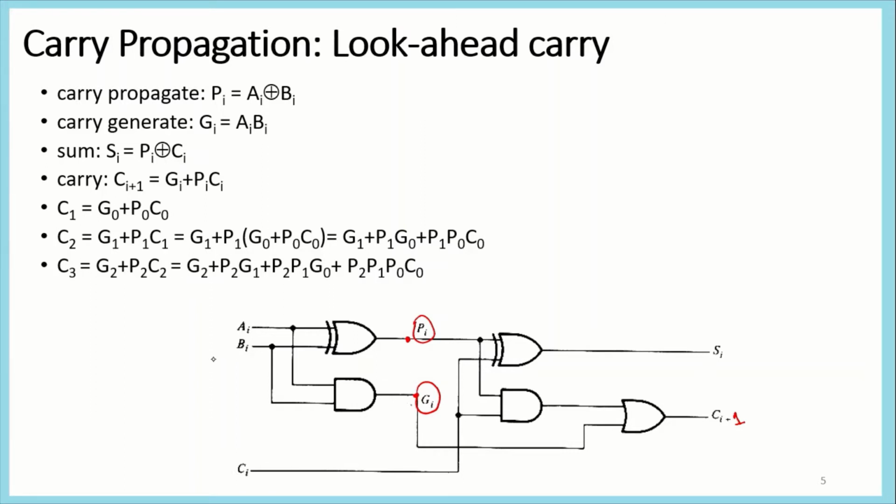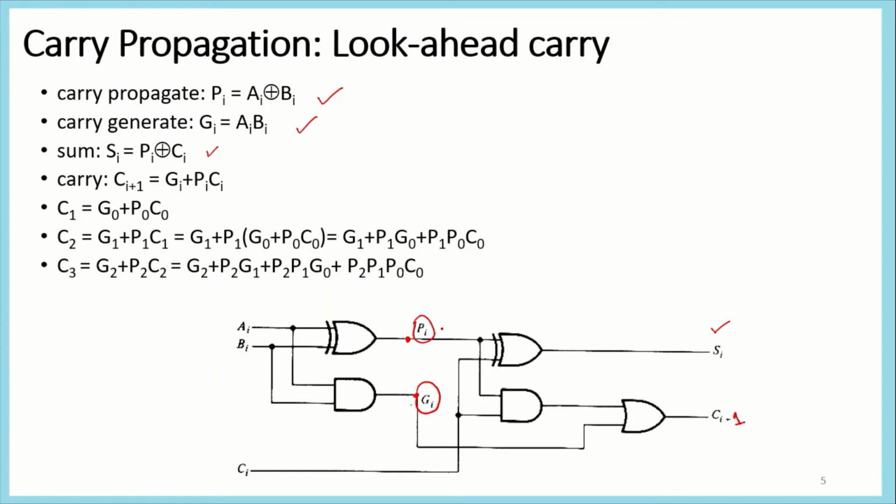So we have here Ai, Bi and Ci, where i is the bit number. Say for the first, A0 here and B0 here, similarly S0 is the sum and Ci plus 1 is the carry in for the next full adder. If we write the equations of these terms, they are very simple, because Pi is just the XOR, exclusive OR concept. Next is Gi, which represents the generation term.